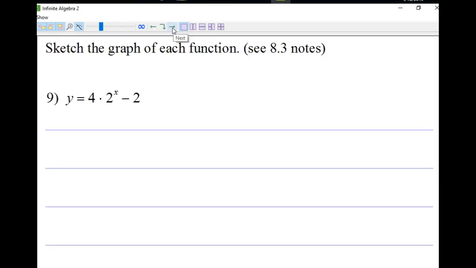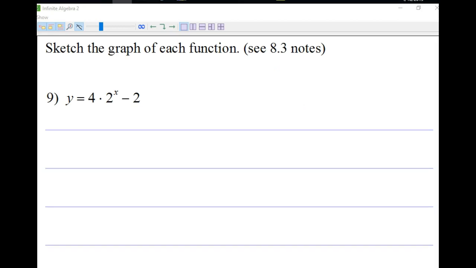Now they want us to graph an exponential function. Okay. Well, it kind of helps to know what exponential functions look like. They look like this for the most part, and they have horizontal asymptotes. Okay, so it's nice to be aware of what exponential functions look like before we begin.